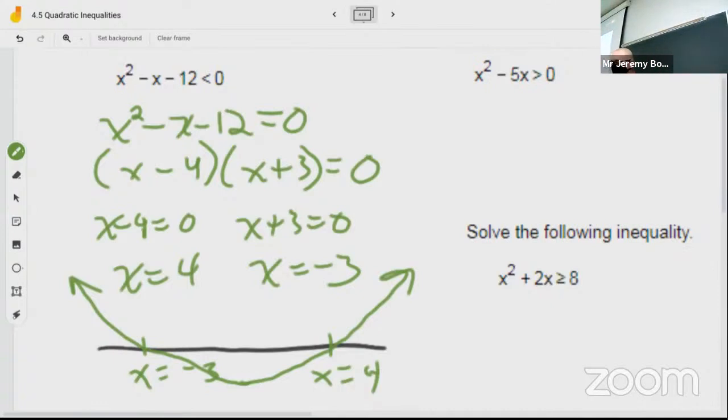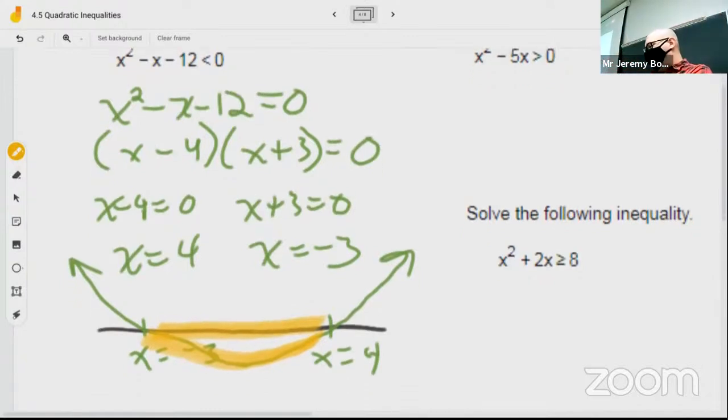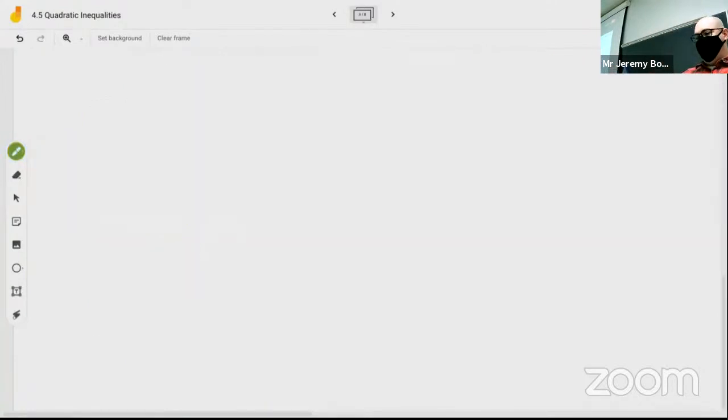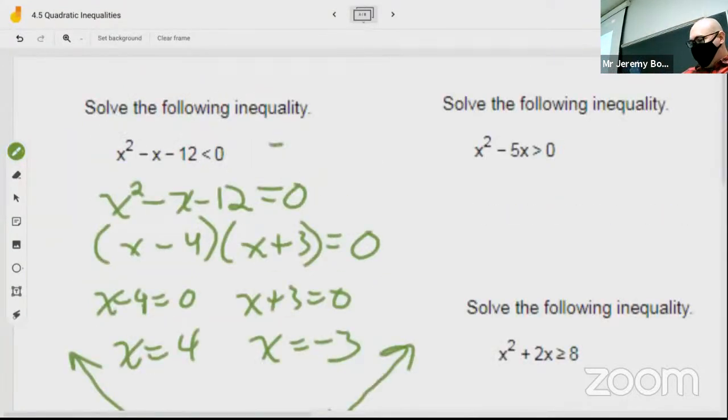So we're trying to figure out where it is less than 0. That means it's going to be below the x-axis. So that's going to be this part of the graph here. That means it's going to be these x values between negative 3 and 4. And so my solution is going to be from negative 3 to 4.